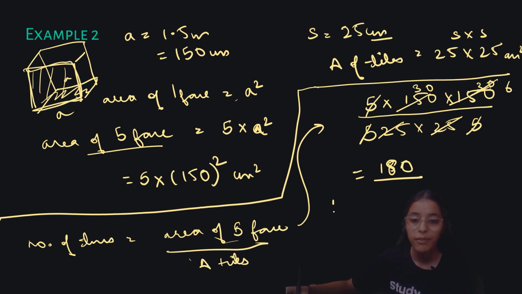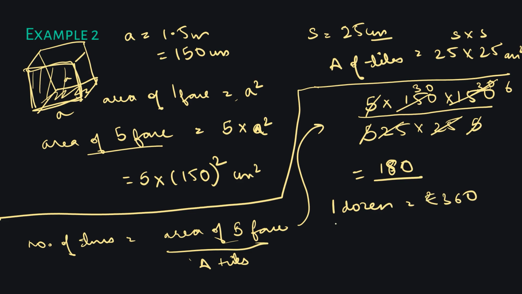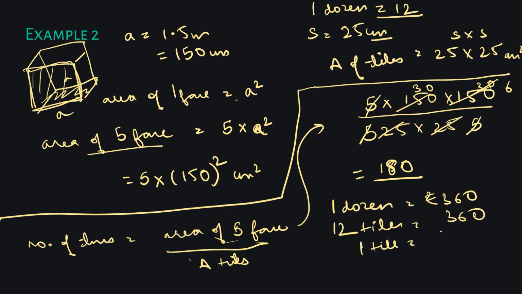Now it is given that 1 dozen costs 360 rupees. One dozen always means 12 in number, so 12 tiles cost 360 rupees. Now one tile will cost 360 divided by 12.